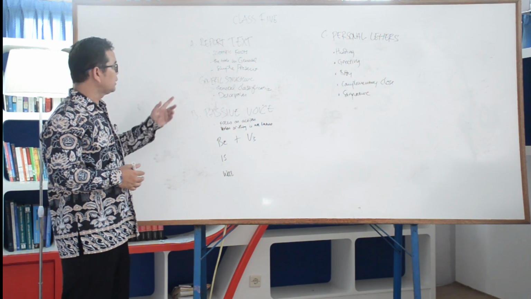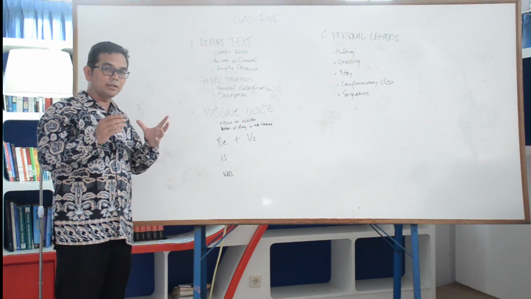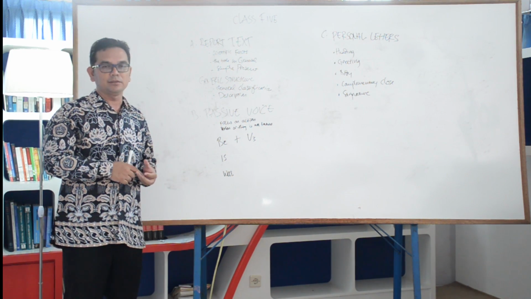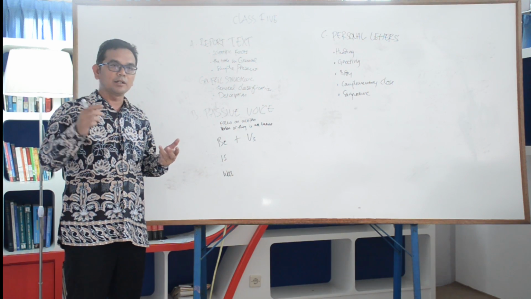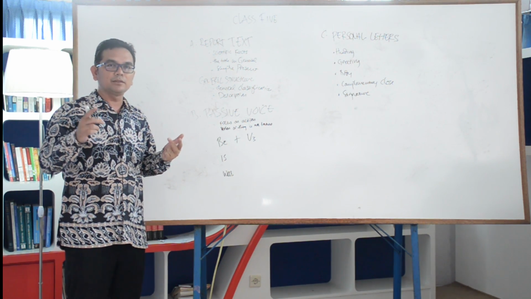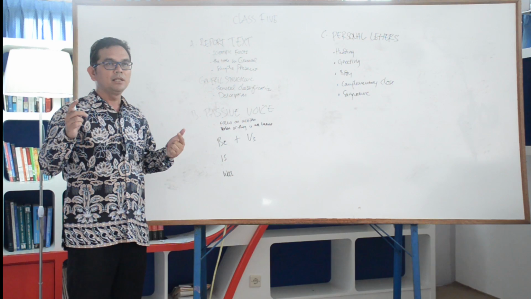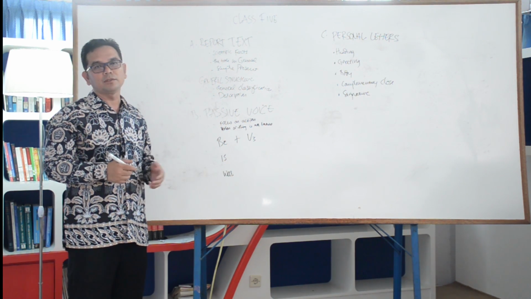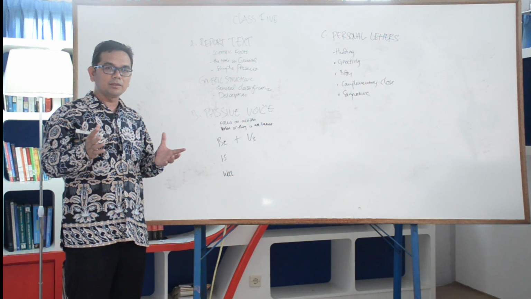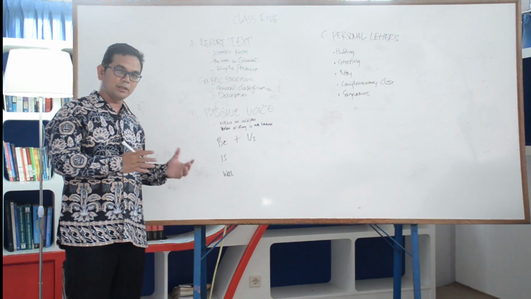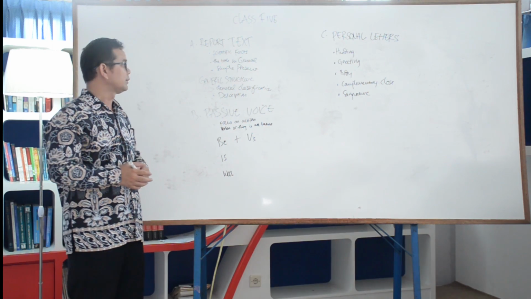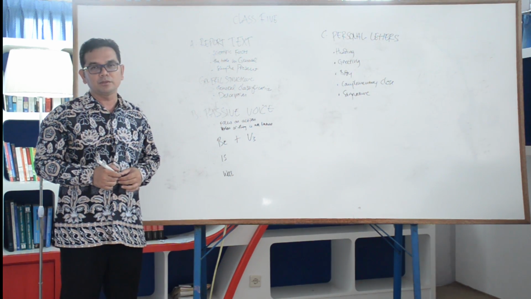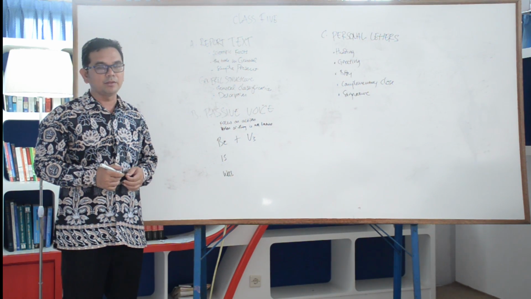The title of the report text is very general, for example, about the well, the computer, the tornado, the rose, and so on. So the title of the descriptive text, especially in report text, is very general. And in report text, usually we use the simple tense verb.